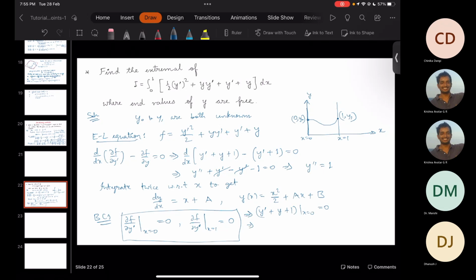So then this gives us, y prime is nothing but x plus a, right? And so x plus a plus, and y is nothing but x squared by 2 plus a into x plus b, plus 1 at x equals 0 is 0. So this gives us a plus b plus 1 is equal to 0.